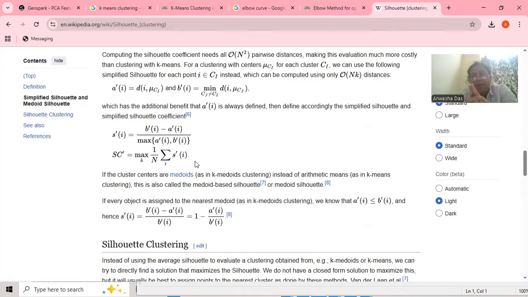This is the part of a(i). What is b(i)? There is another cluster, and from that other cluster, you calculate a distance. This is b(i). I hope you understood the concept. Just try to remember one thing. If the validation score is good, it is towards +1. If the validation score is bad, it is towards -1.